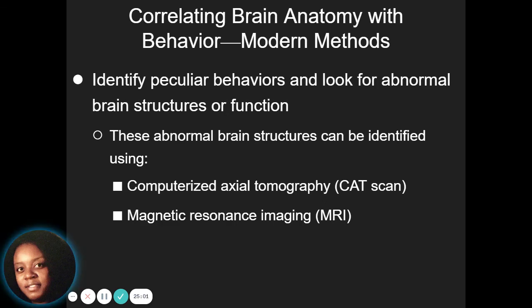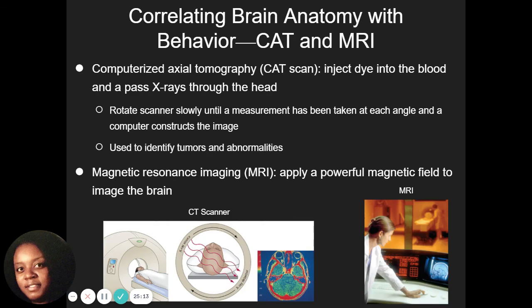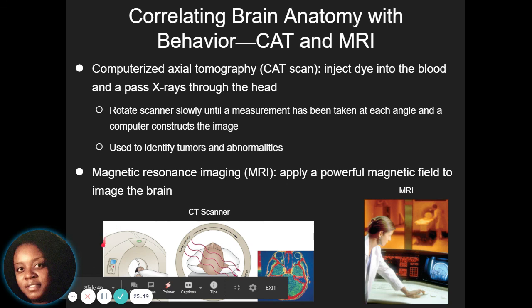So, in using modern methods, most of the time people use CAT scans or MRI scans to look for abnormal brain structures and functions. And both of those, of course, can be quite costly. A CAT scan, you can see a CAT scanner looks like this.